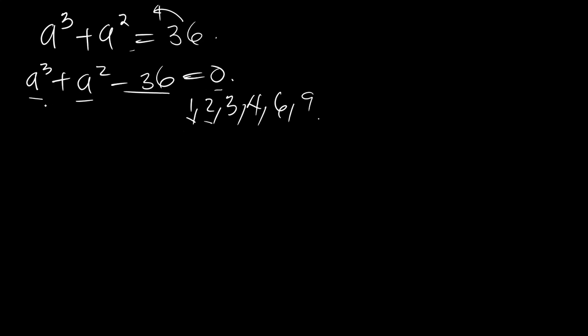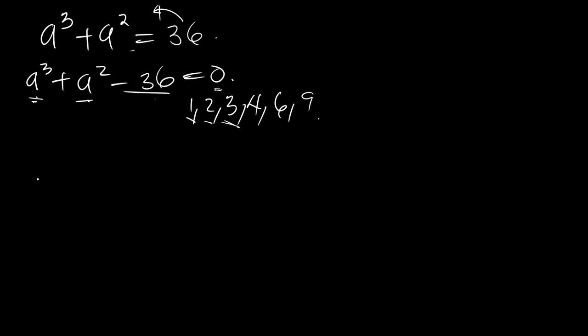If you plug in 2, here will be 8, 4, 12. 12 minus 36 is not 0. If you plug in 3, you have 27 plus 9, that is 36. That 36 minus 36 is 0.